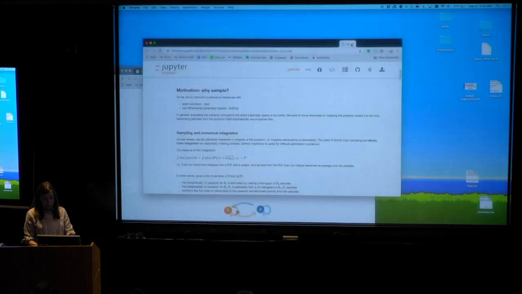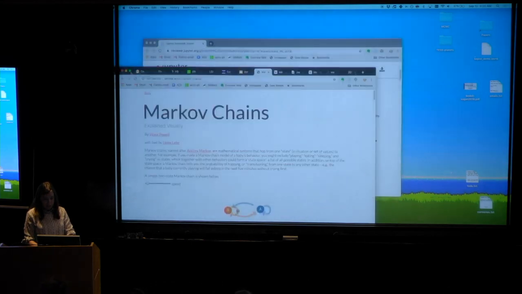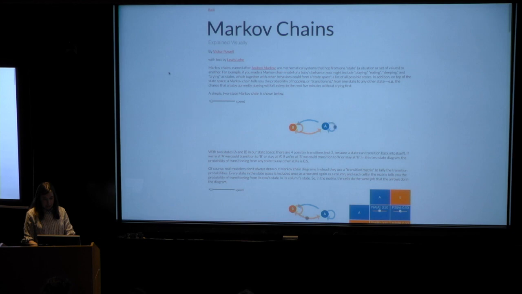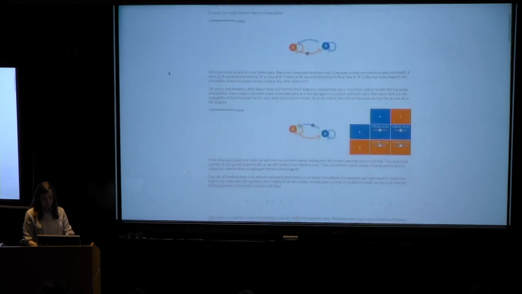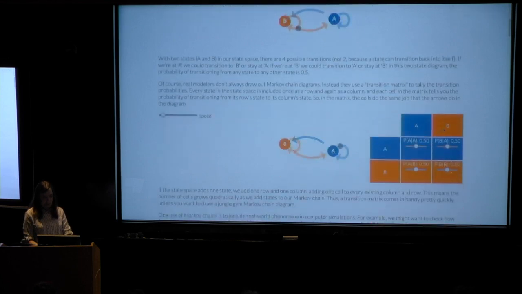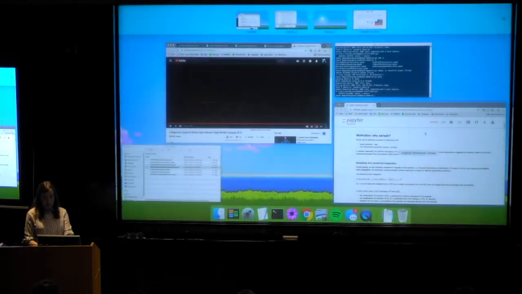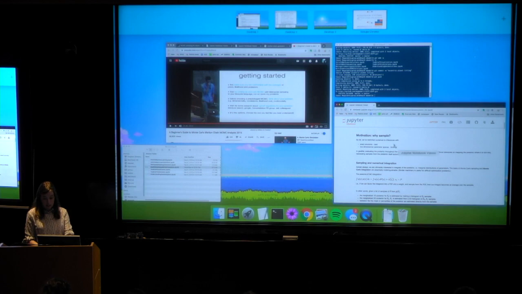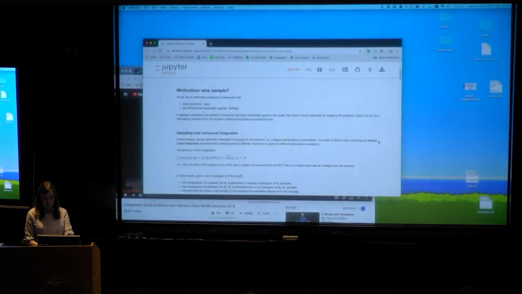And if we go down to this example here, this is the state A, state B sort of example that we were looking at, and you can change these probabilities. So why don't those of you who have a computer out go to this site and do that.